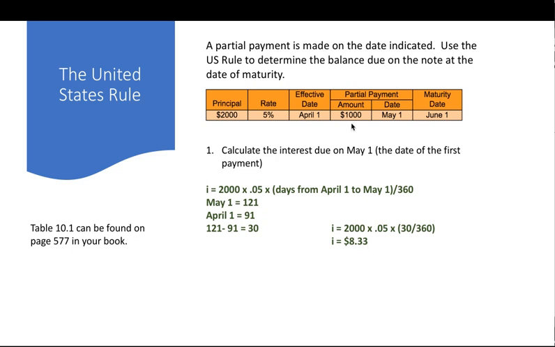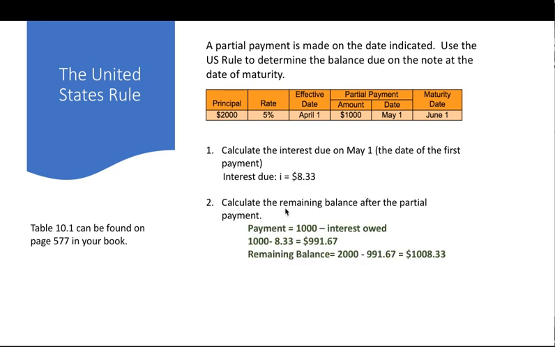So when I make that partial payment of $1,000, I have to pay the interest first. So we're going to calculate the remaining balance after the partial payment. So the partial payment is $1,000. We're going to subtract the interest owed, which is $8.33, which leaves $991.67 that is being applied to the principal.